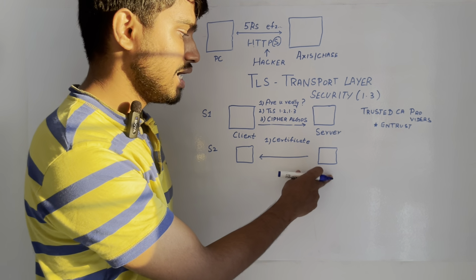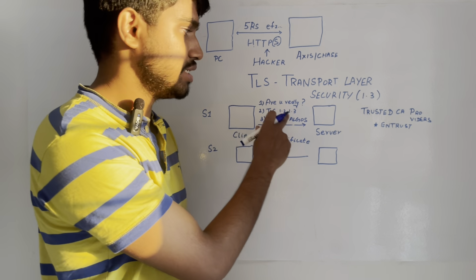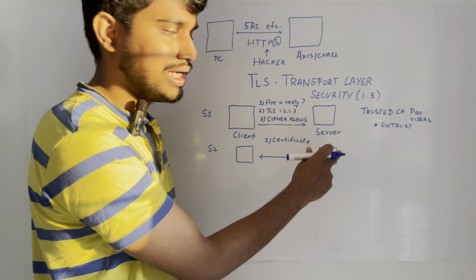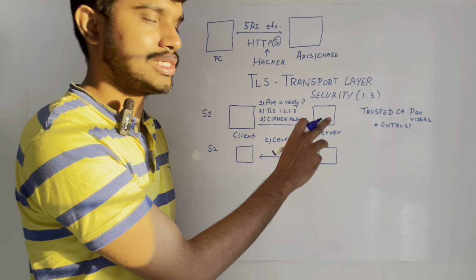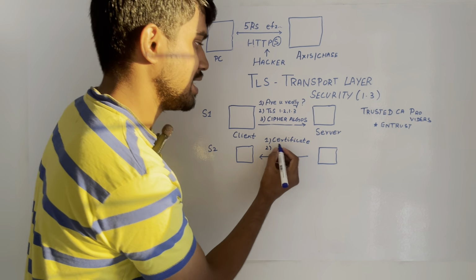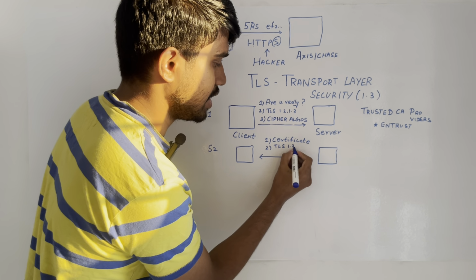So when this initial communication happens and your client asks Axis Bank, are you really Axis Bank? Axis Bank will give the signed certificate it got from the provider during the setup. So it will send the certificate. Second, it will say, hey, I can support TLS 1.3.